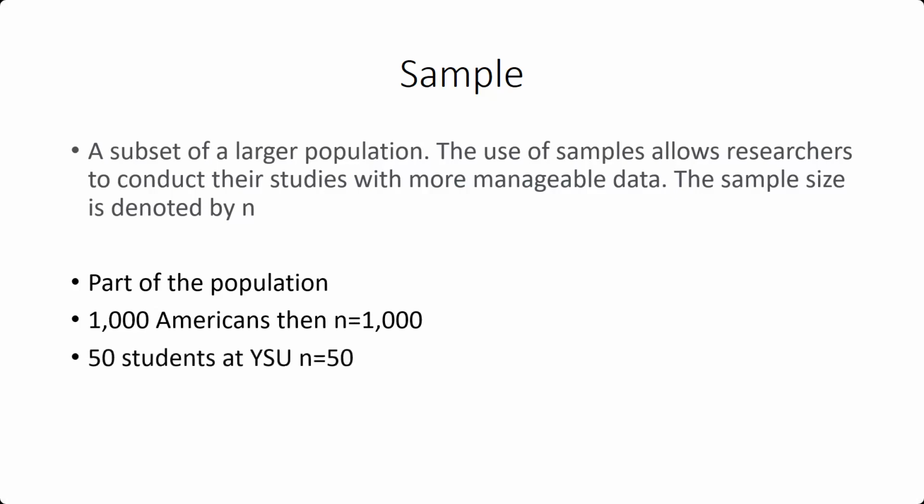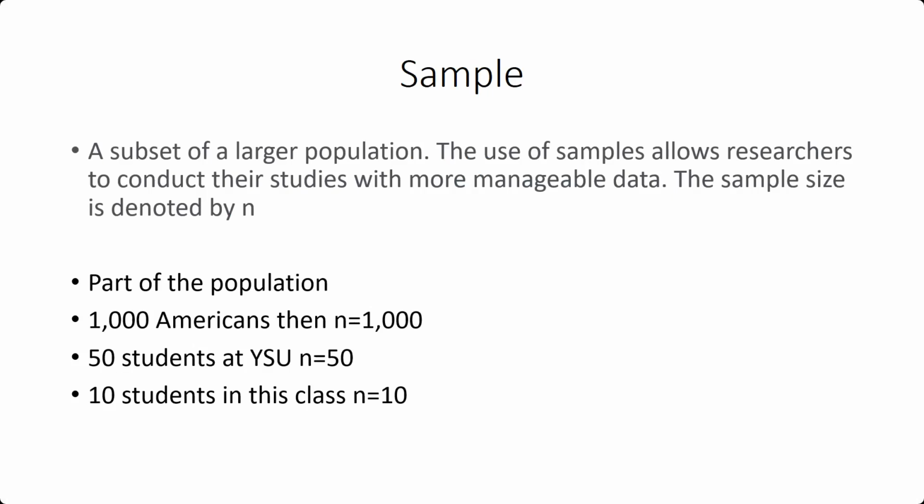Fifty students at YSU. 10 students in this class, so all of them are part of the samples that we said in the one before. Questions on sample? Part of your population.